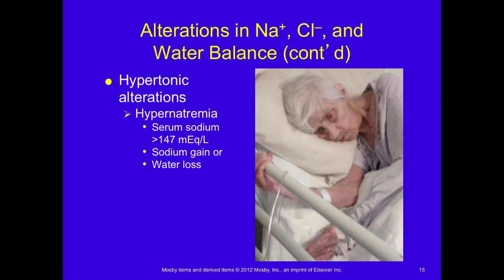Now, let's take this a step further. If you were to erroneously give someone a hypertonic solution, let's say you give someone erroneously a 5% sodium chloride solution and they didn't need it, what is the effect on the cells? Not in the bloodstream, but the cells outside of the bloodstream. How will they be affected by you giving this patient this hypertonic solution? Are the cells going to shrink?